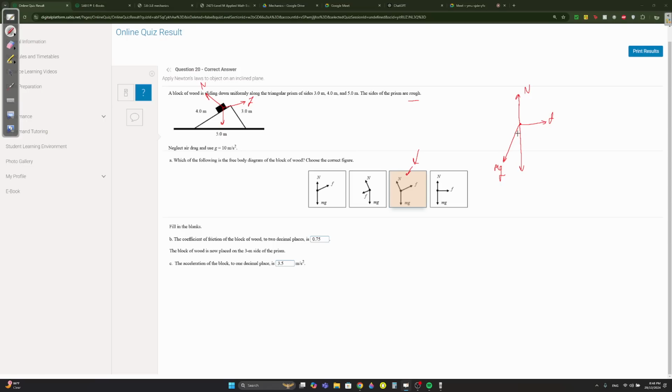We have Wx, which is mg sine alpha, and we have Wy, which is mg cosine alpha. Obviously, this is alpha. Let's do Fy. Is it moving up and down? No. So sigma Fy equals 0. So mg cosine alpha is equal to N.